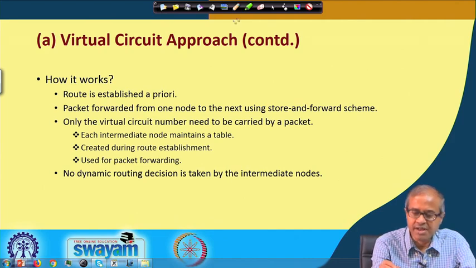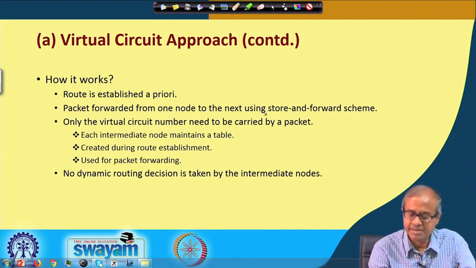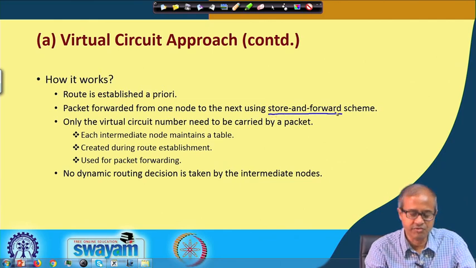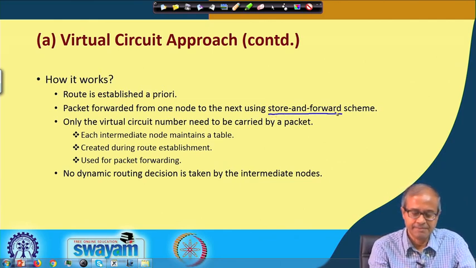Now, regarding the packet forwarding, it will be a normal store and forward scheme, and as I had said, the packet in the header will carry only the virtual circuit number, and all intermediate nodes will maintain some kind of a routing table. Okay.